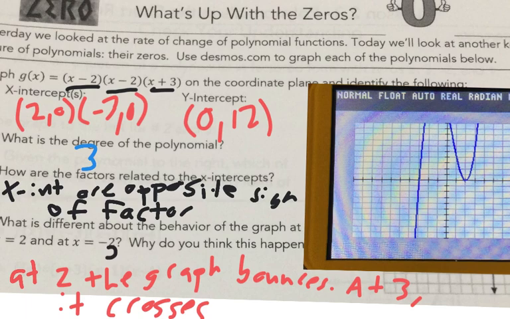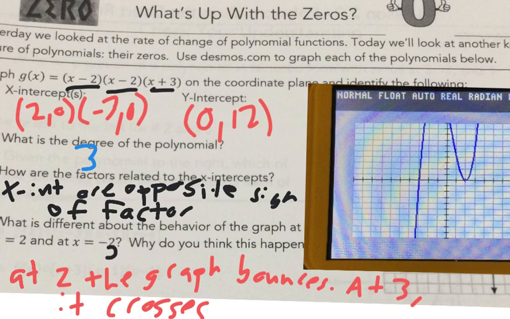Similarly, if I want to find the y-intercept, where did the y-intercept happen in a quadratic? When we were in standard form, the y-intercept is the constant number that's at the end. So if I wanted to find the y-intercept without graphing, just distribute the constants. Negative 2 times negative 2 is 4 times 3, 12.